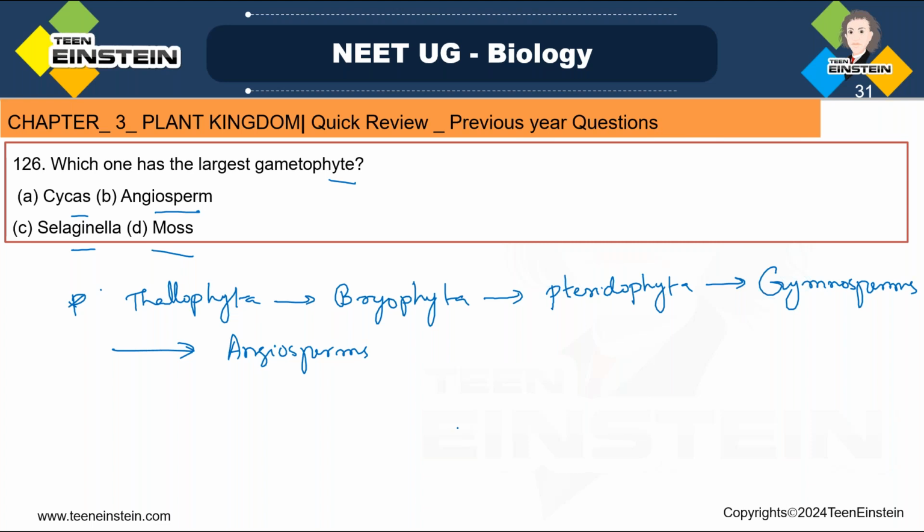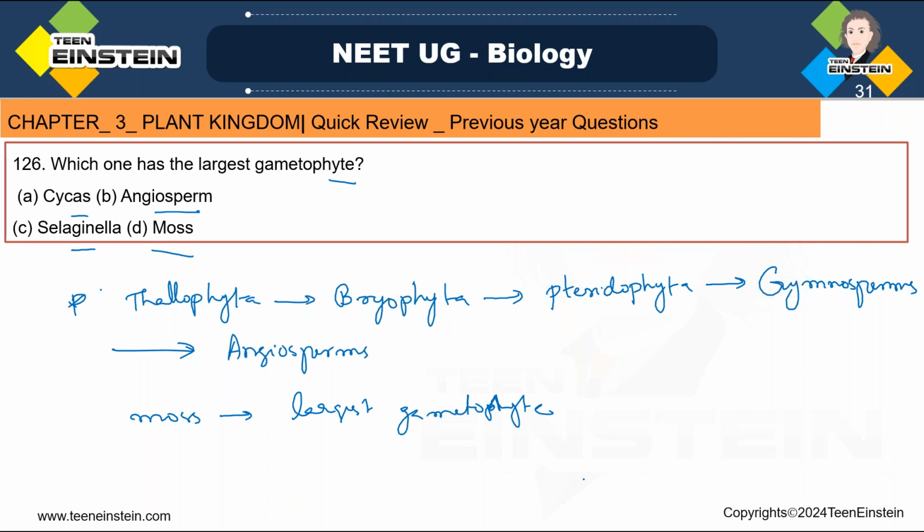So moss has the largest gametophyte. Moss, then Selaginella, then Cycas, then finally angiosperms. When we are reaching there, there is a reduction in gametophyte and an elaboration of sporophyte that we can see.